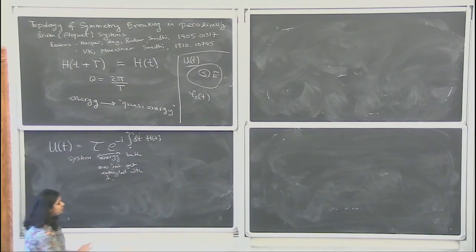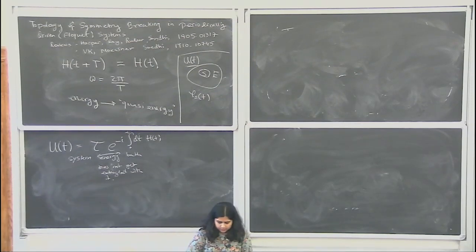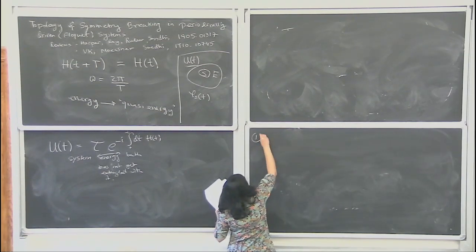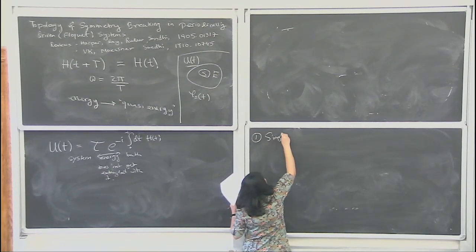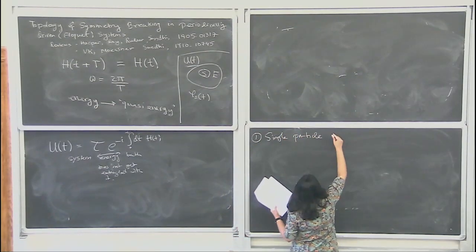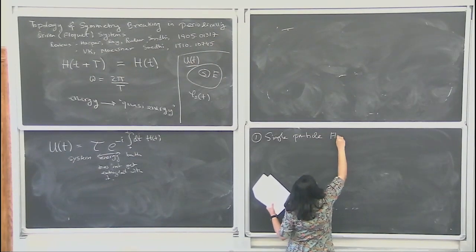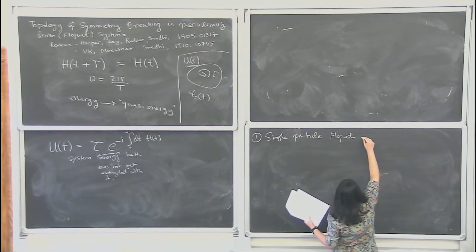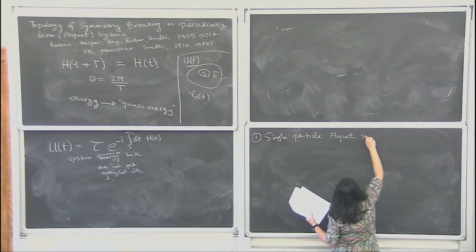Okay. So with this setup in mind, the plan that these lectures will follow is to start with single particle Floquet systems. These are systems in which we can again think about independent electrons, like a lot of Joel's lectures.